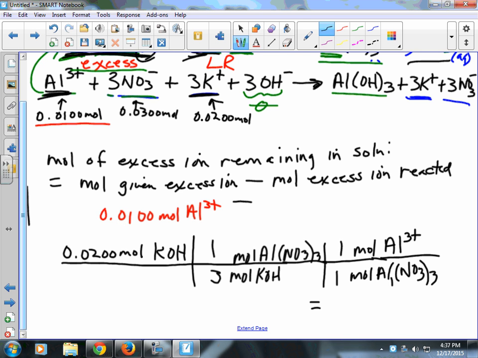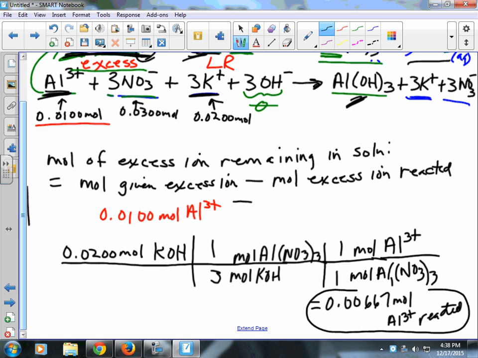Okay, so we punch this in the calculator, and we get 0.00667 moles. That's how many moles of aluminum ion reacted. That's how many moles of aluminum ion are tied up in this precipitate. So this number goes here.